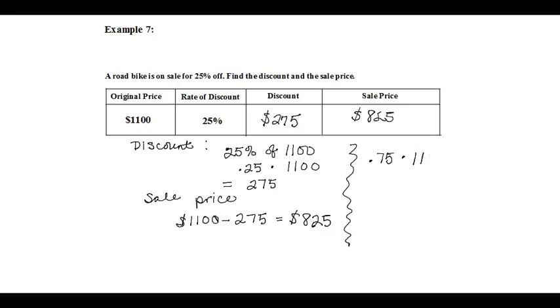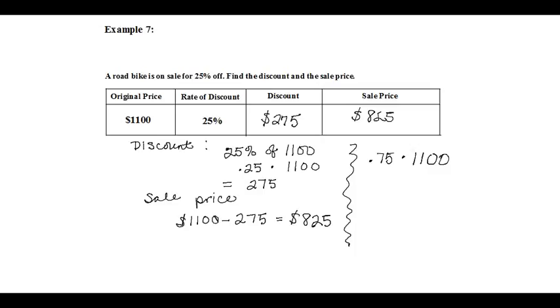And if you want to check, if you take 0.75, which is 75%, times the original 1,100, you will also arrive at 825. In this case, and on some of your homework and quiz or test questions, they want you to find the discount anyway, so you can go ahead and do it the first way that we did. But otherwise, if you're out shopping and you want to know, you can always think, well, how much am I paying if it's this much off?